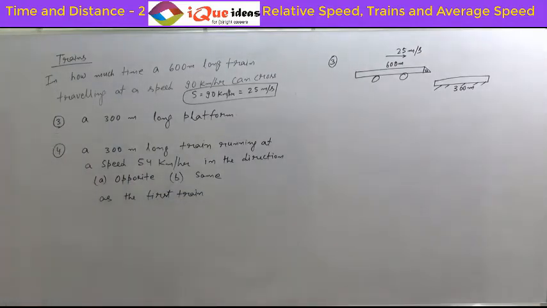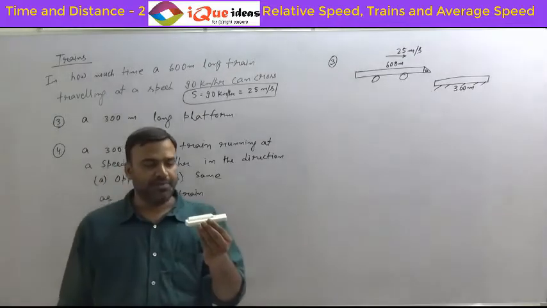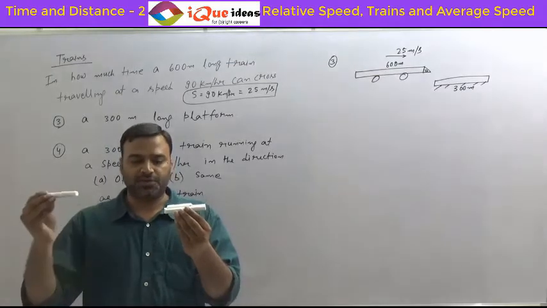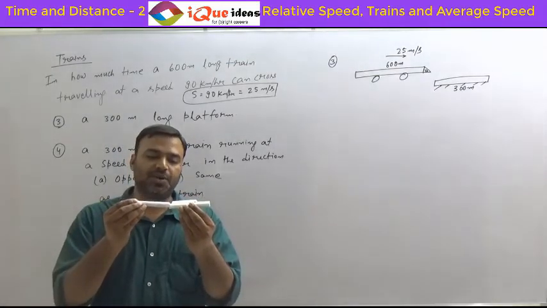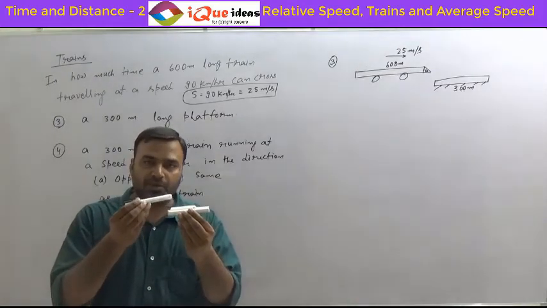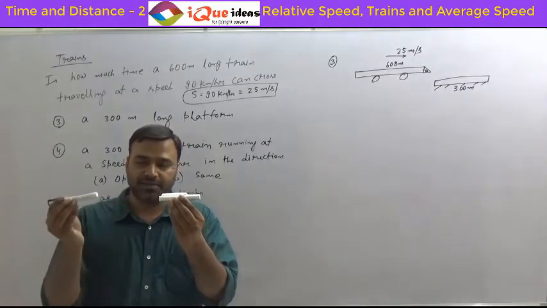Suppose this is my platform. I kept it in my left hand. Platform is fixed. How do you start counting? When the train's head touches the first point of the platform, we start counting. Now it could be a platform, it could be a bridge, it could be a stationary train. The same thing in all cases.